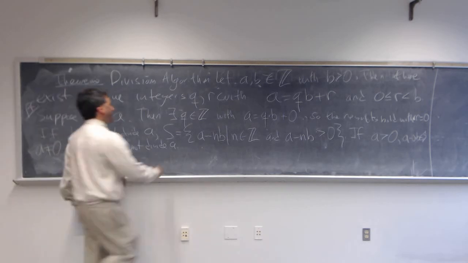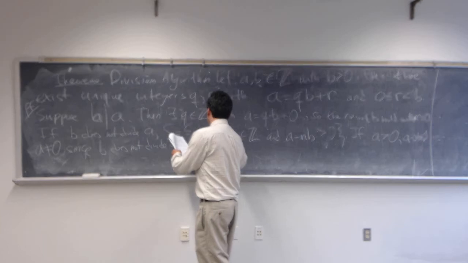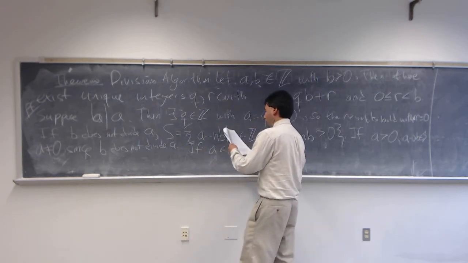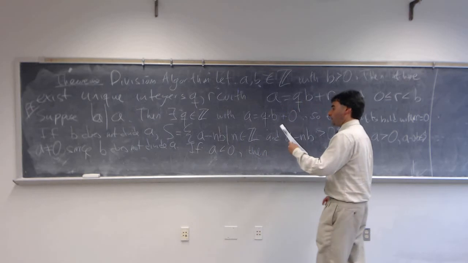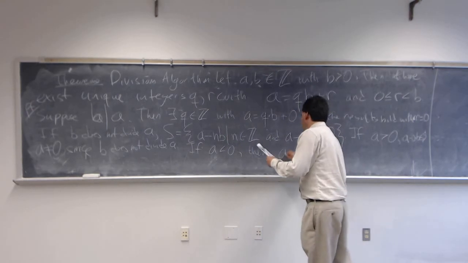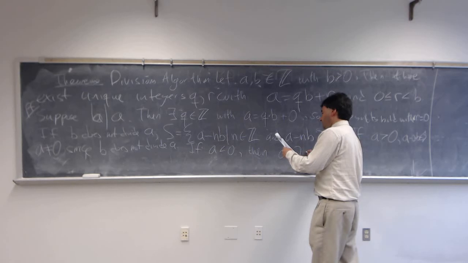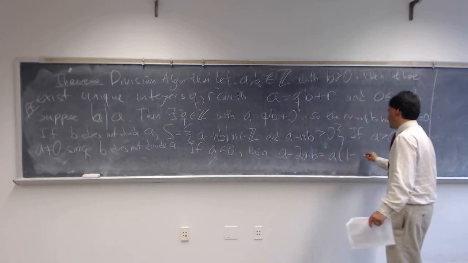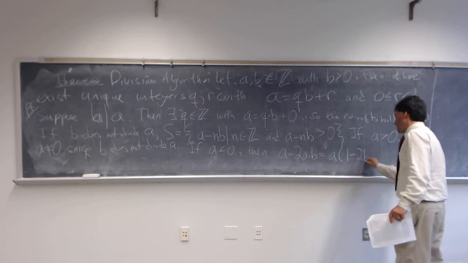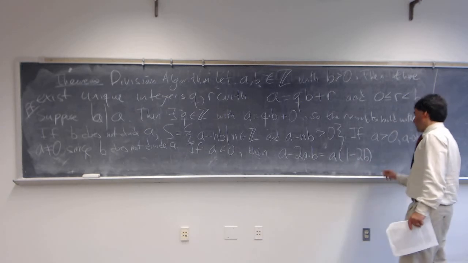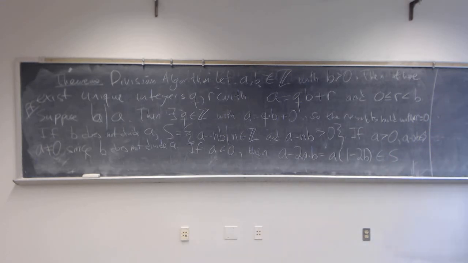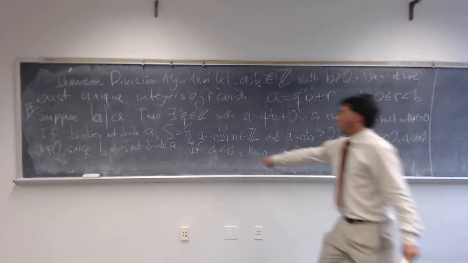What about if a is a negative number? Then it turns out, if you look at a minus 2ab, which is equal to a times (1 minus 2b), that would be an element of S. Why? Well, certainly it fits the form of this type.